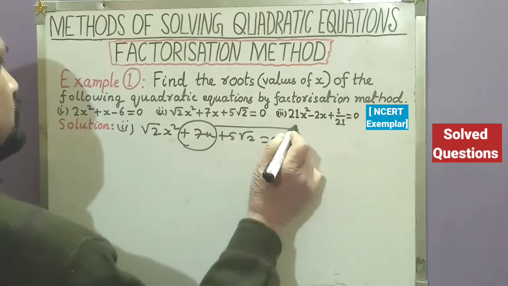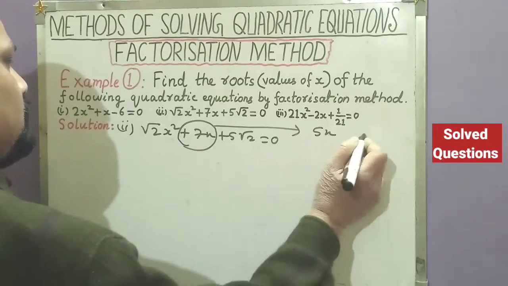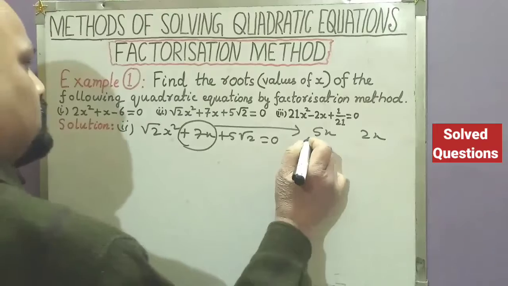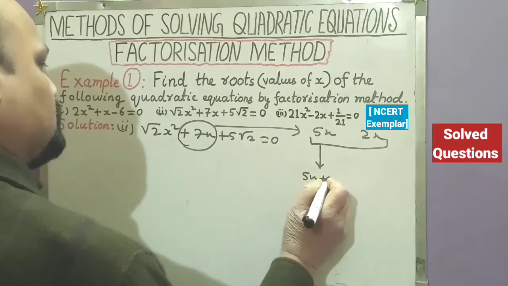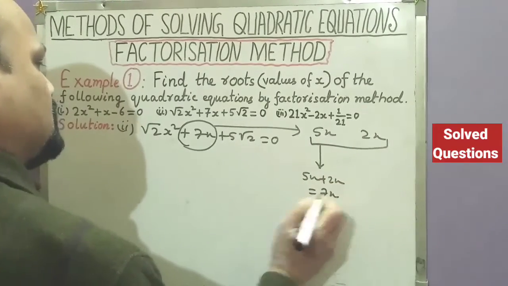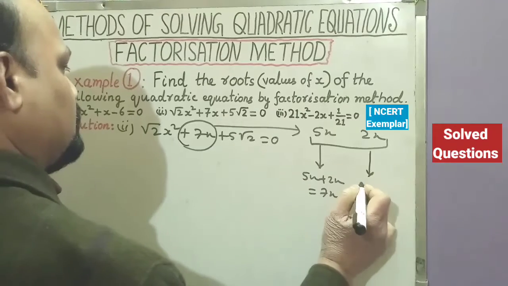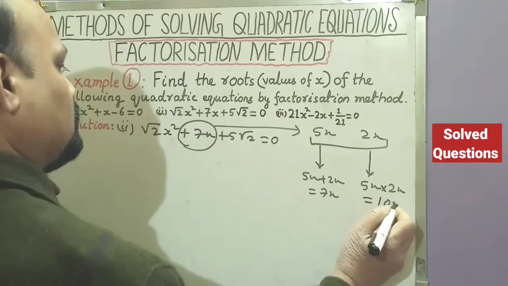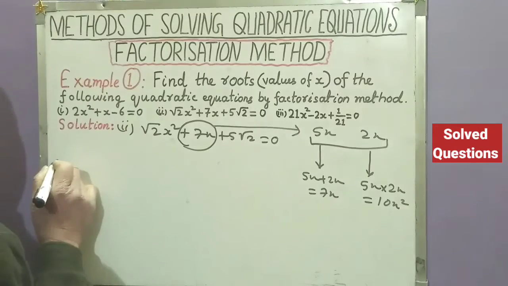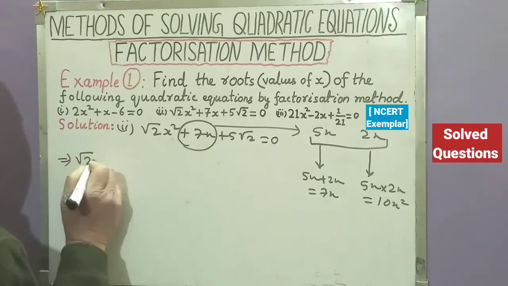Now similarly split the middle term 7x into two terms, 5x and 2x, such that their sum, 5x + 2x, equals 7x, the middle term itself, and 5x × 2x is 10x², which is the product of the first term and the constant term.